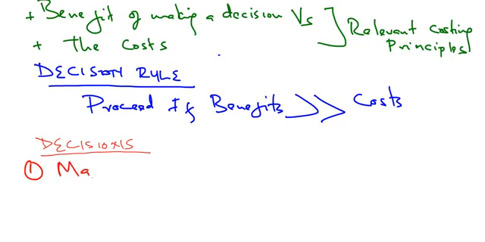One, we may need to make something or buy it. Once again, you look at the benefit versus cost for making the product, then the benefit versus cost for buying, and you make the decision based on whether the benefits are greater than the cost or vice versa.